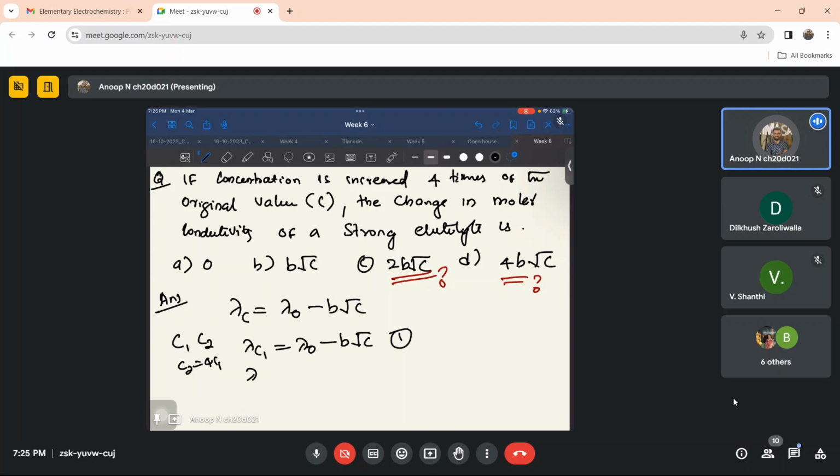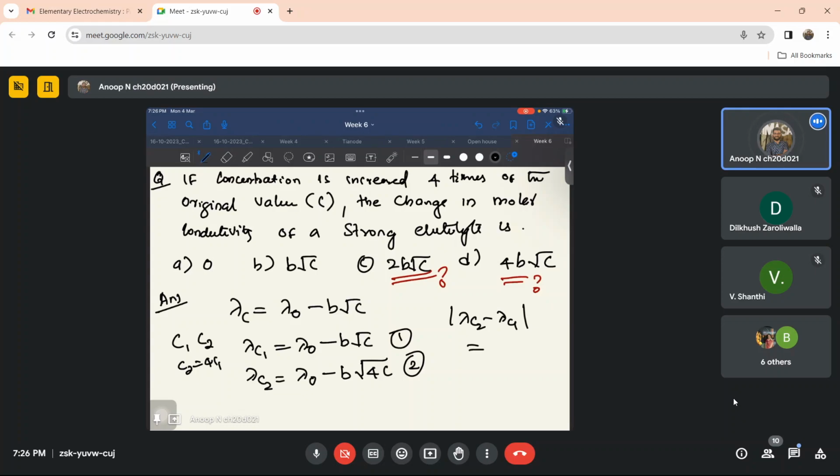So lambda C2 is equal to lambda 0 minus B root 4C. How will you find out change in molar concentration? We'll take mod lambda C2 minus lambda C1. So what will be the answer?